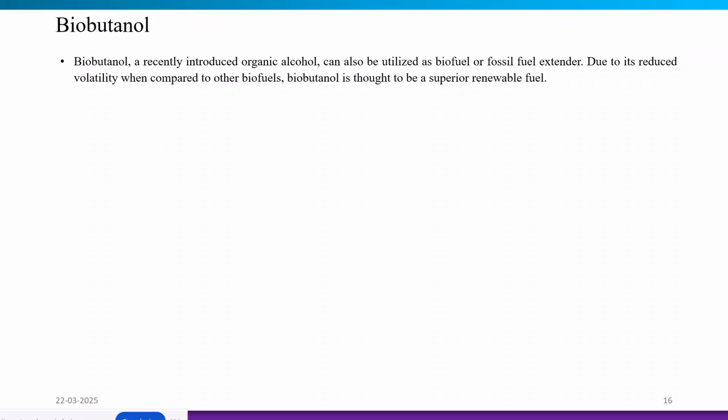Similarly, biobutanol has characteristics similar to gasoline, and we can also replace gasoline consumption with biobutanol.